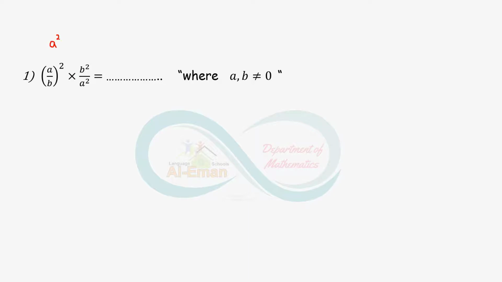We can distribute the power over the numerator and denominator and operate the multiplication. This a to the power 2 is reduced with this one, and b to the power 2 also, so our answer here will be 1.